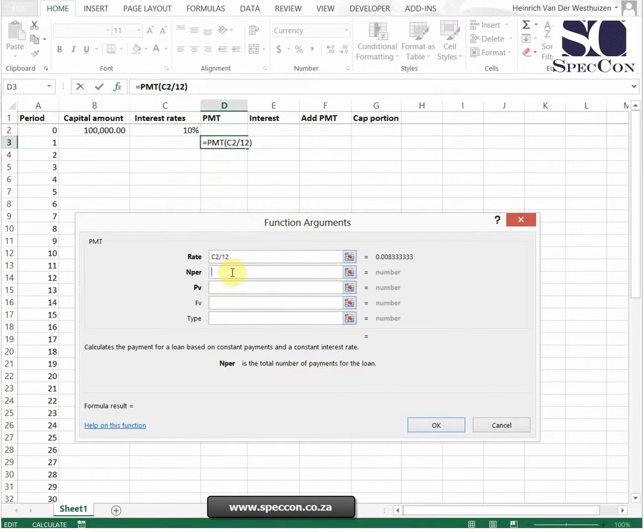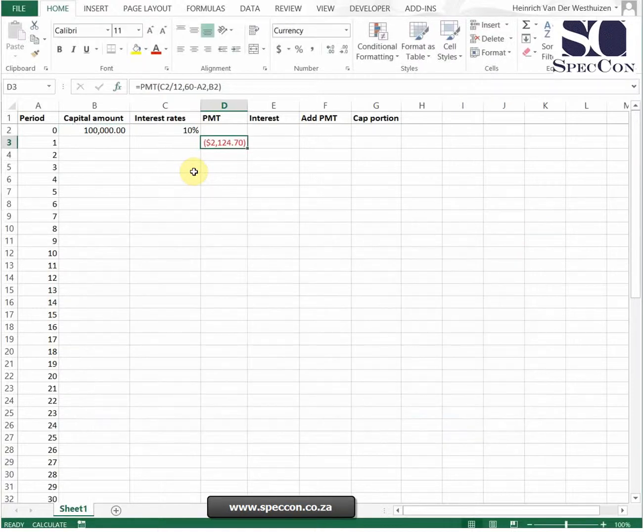Our end period, the previous period end period was 60. So we know our total is 60, so I'm just going to say 60 minus the previous period's period. Then our present value is the outstanding capital amount at the end of the previous period. So you always use the previous period's information. Well, we'll be standing in period 1 now, so I'm going to use the 1 for period 0. So that's 2124. So that's our total payment.